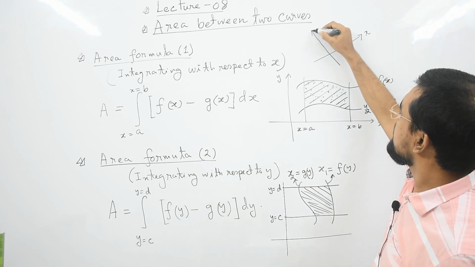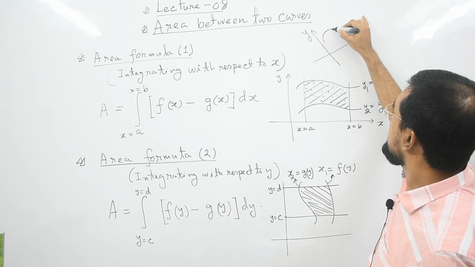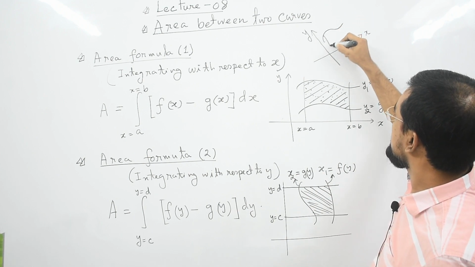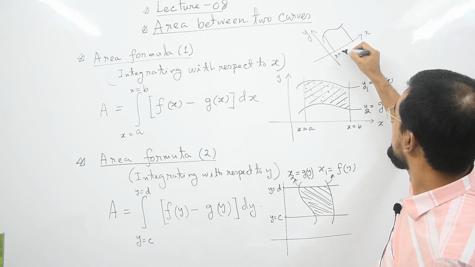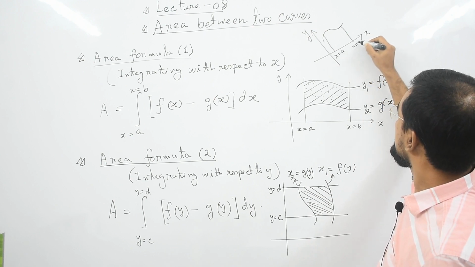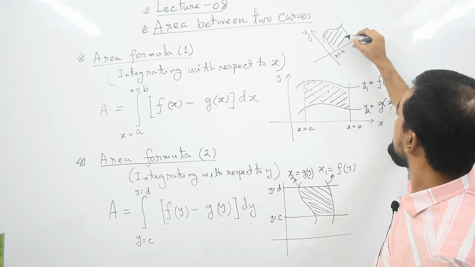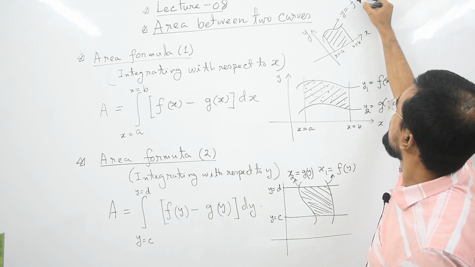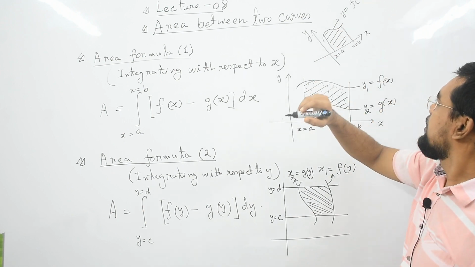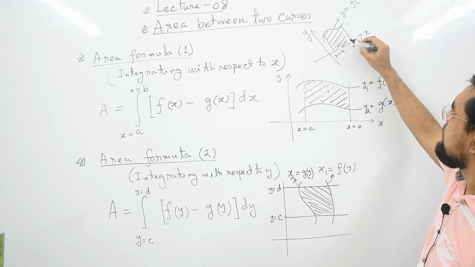Suppose this is our x-axis and this one is y-axis. So area under this curve from x equal a to x equal b is this. This is our function y equal to f(x). Now the question is, what is the area of this region?